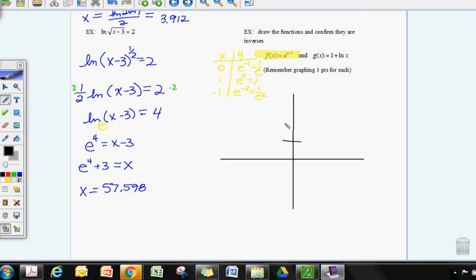At 1, I'm at 1. At negative 1, I'm down here. At 0, I'm here.